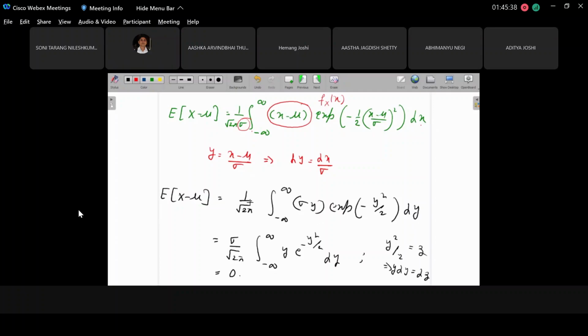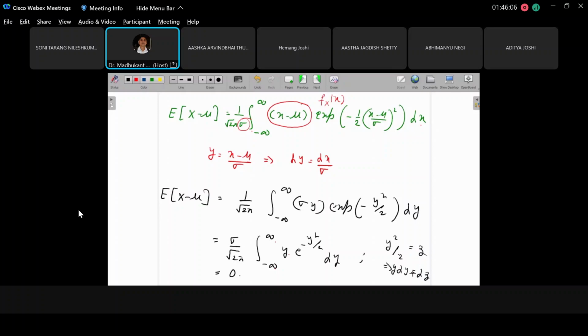Now sigma is coming out: sigma by square root of 2 pi, integration from minus infinity to infinity, y times e to the power minus y square by 2 dy. Now see, the derivative of y square by 2 is y dy. Now this integral is easy to solve. So substitute y square by 2 as z.